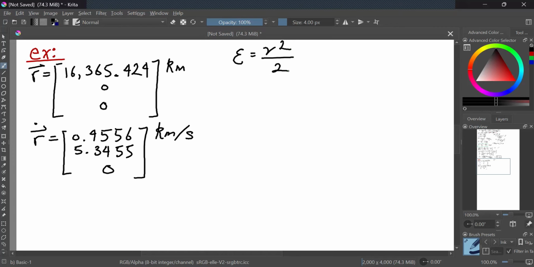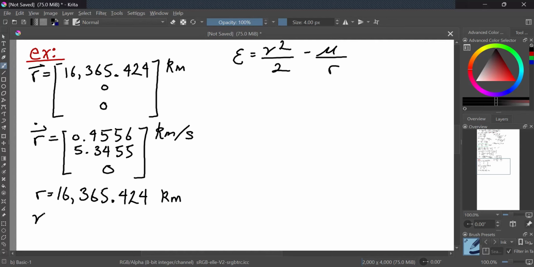v squared by 2 minus mu over r. We know what our distance r is. Let's make that look neater. Much better.